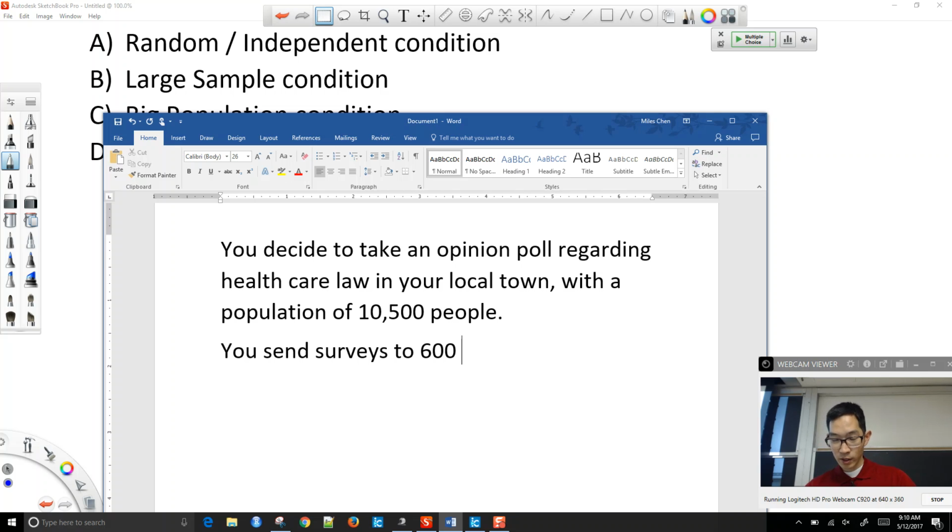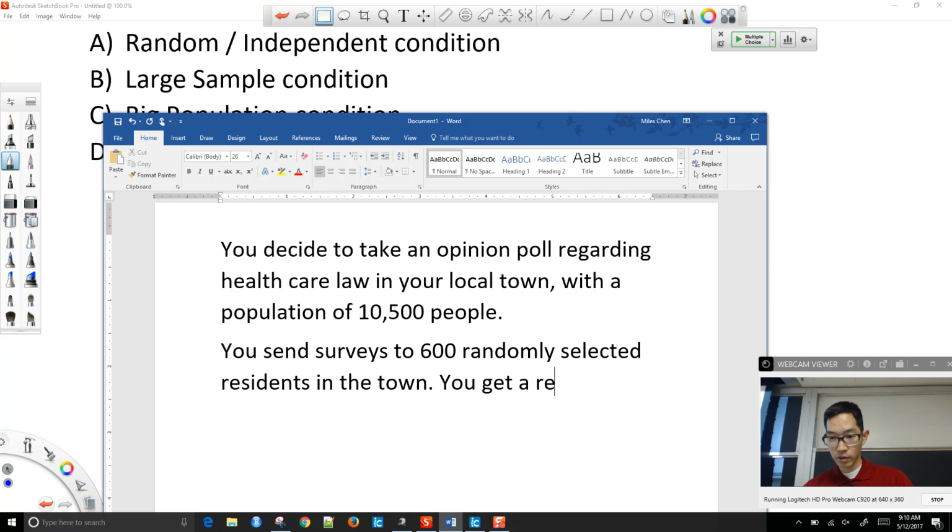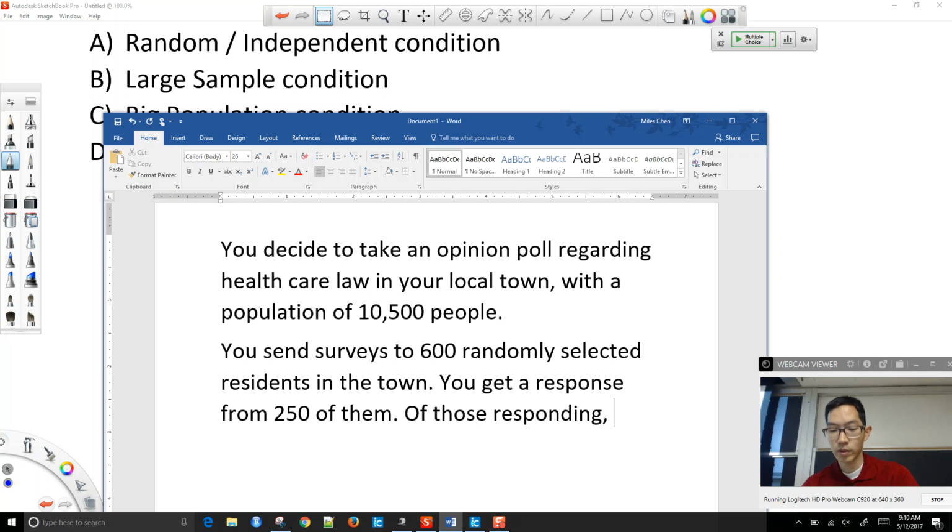You send surveys to 600 randomly selected residents in the town. You get a response from 250 of them, and of those responding, 105 support some proposed legislation.